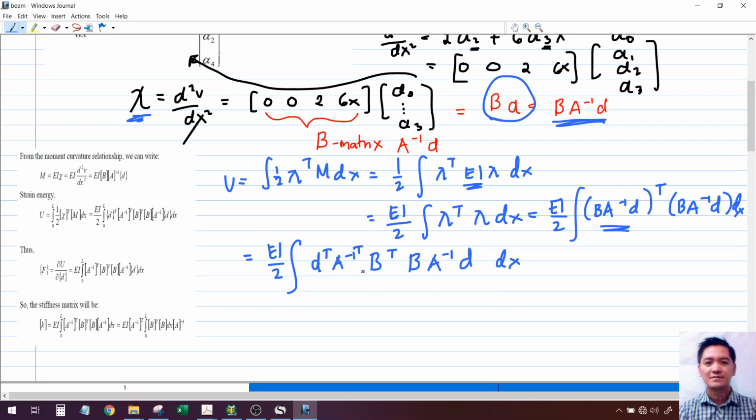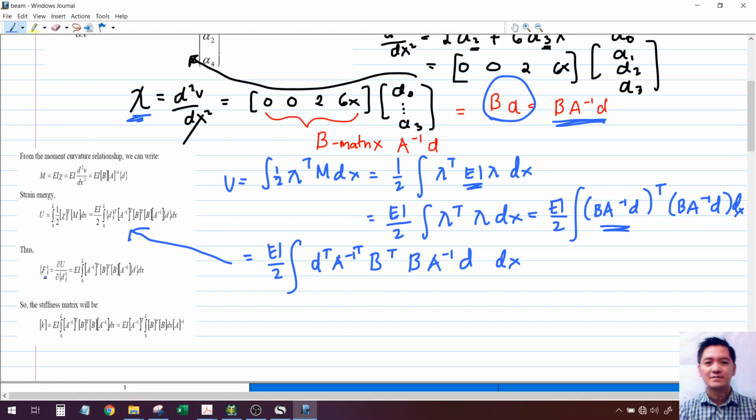Okay, wala namang maka-cancel out. Which is, papansin nyo ito yun. EI over 2, D transpose, A inverse transpose, B transpose, B, A inverse D dx.